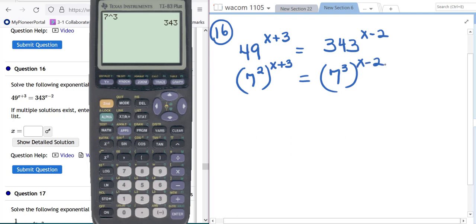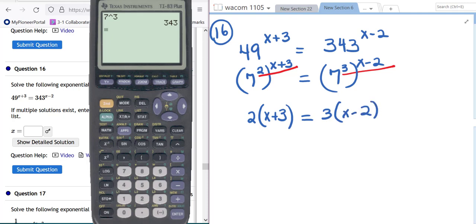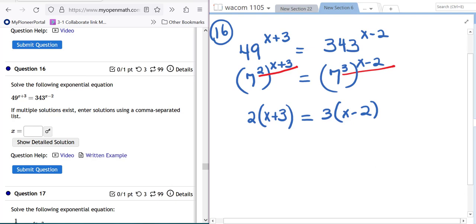Right, and I did want you to see this particular one because you have to remember here that your exponents are going to multiply. You're going to need to throw parentheses on those binomials when you bring them down. So you're going to have 2 times x plus 3, and here you're going to have 3 times x minus 2. So that's the piece that you will need to remember there. And then it's regular. So 2x plus 6 and 3x minus 6.